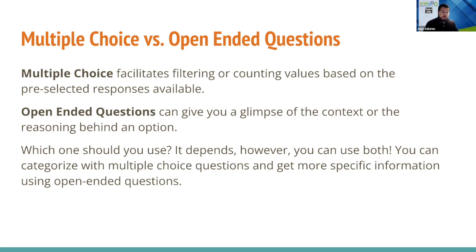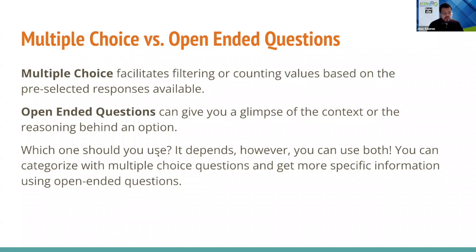But when it's multiple choice, we're limiting the scope of what we're asking. So if we made a poor selection of options for the multiple choice, then the data quality we receive is low because we didn't give them enough options to choose from.